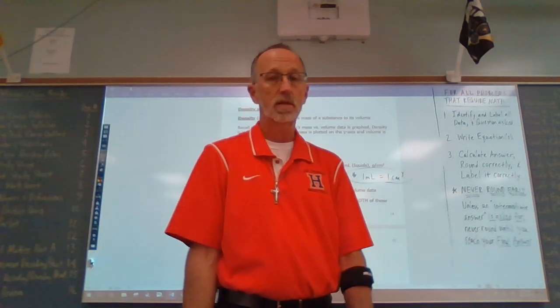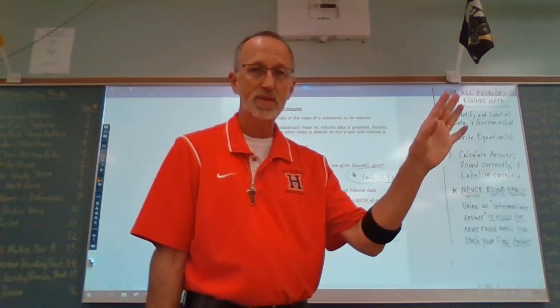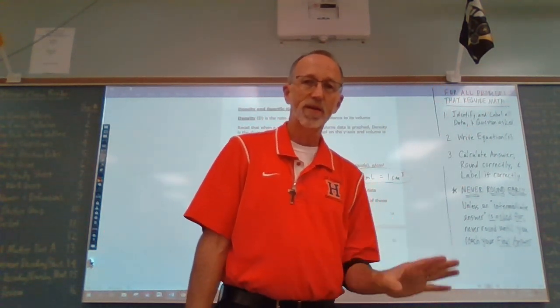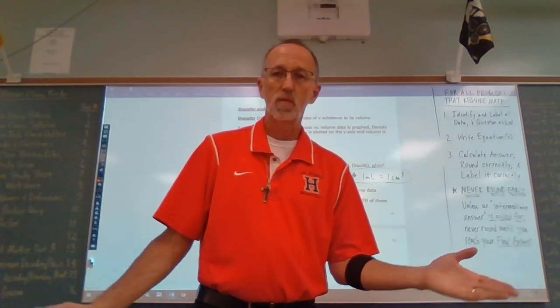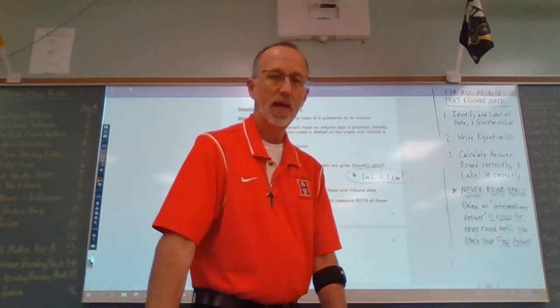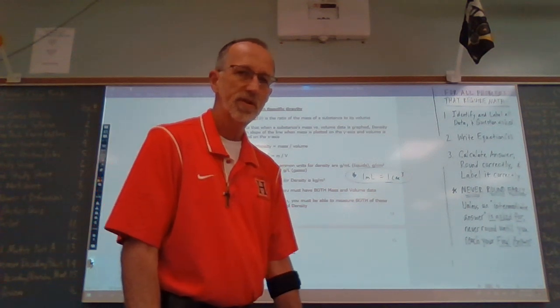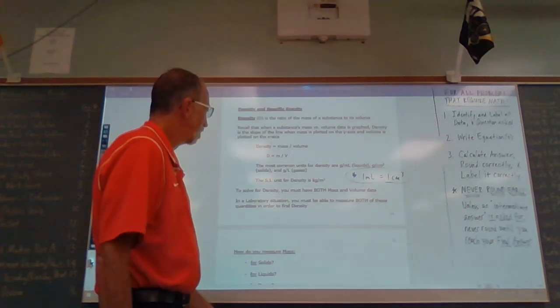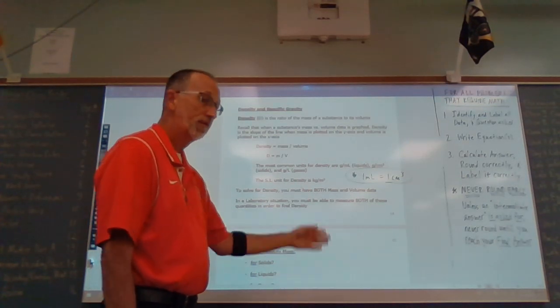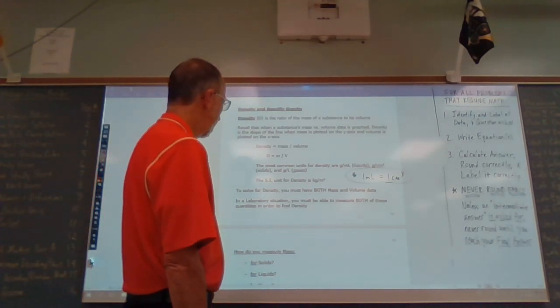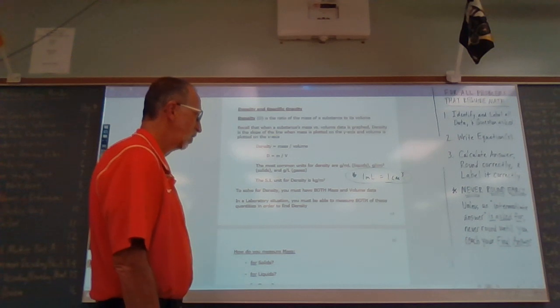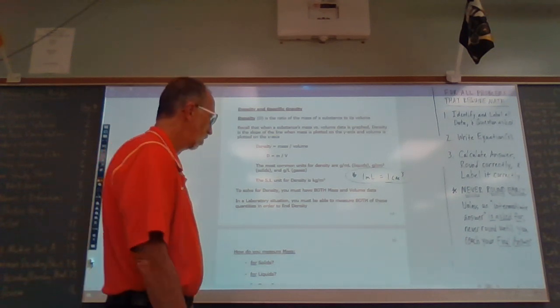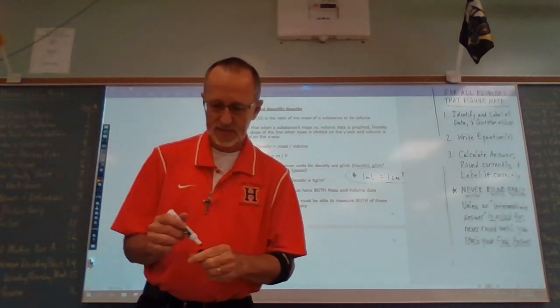But any unit whereby you're using a mass unit of some kind over a volume unit of some kind would be appropriate for density. We just use these standard units because then we're able to compare them much more easily. To solve for density, you have to have both of those measurements, mass and volume. So in a lab situation, you have to be able to measure both of those in order to find density.